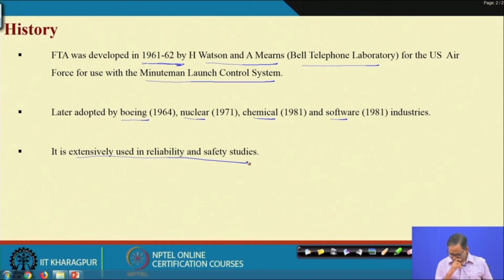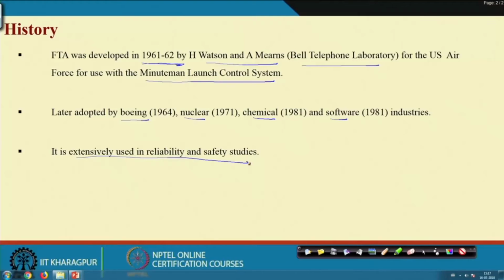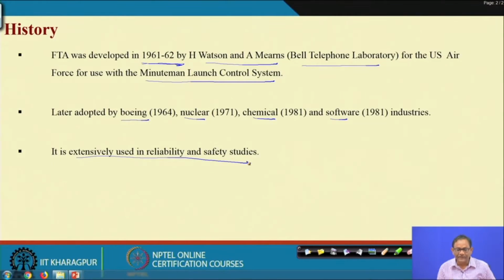In fact, fault tree is one of the most important techniques for this industrial system safety engineering course. So, we will deal with it in great depth and spend some time on this fault tree.